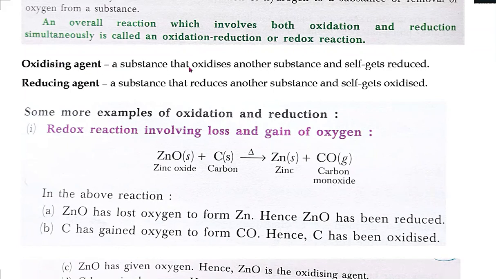A substance that oxidizes another substance and itself gets reduced is called an oxidizing agent. A reducing agent is just the opposite of an oxidizing agent: a substance that reduces another substance and itself gets oxidized. With the help of the following example, you can understand which one is the oxidizing agent and which one is the reducing agent.